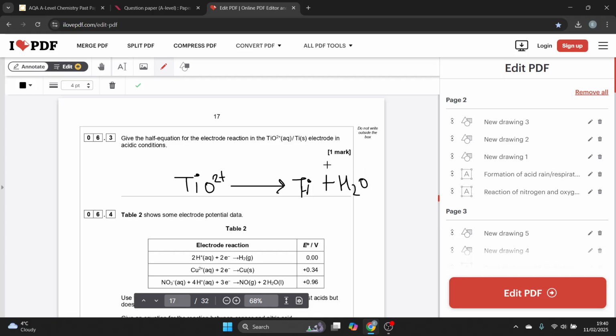Then I'm like, okay, I've got 2 H pluses on the right hand side, so I need to add 2 H pluses on the left hand side. Then I'm like, okay, is everything else balanced? Ti, Ti, O, 2, 2, but are the charges balanced? No, I've got 4 plus charge on the left hand side, 0 charge on the right hand side, so I need to add 4 negatively charged electrons on the left hand side.